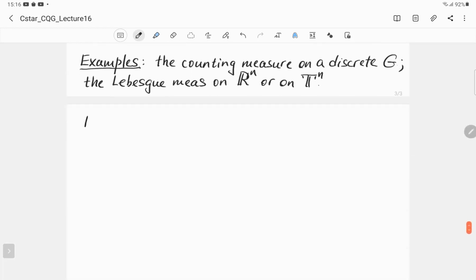And we have the following fundamental result due to Haar, von Neumann, and Weil.